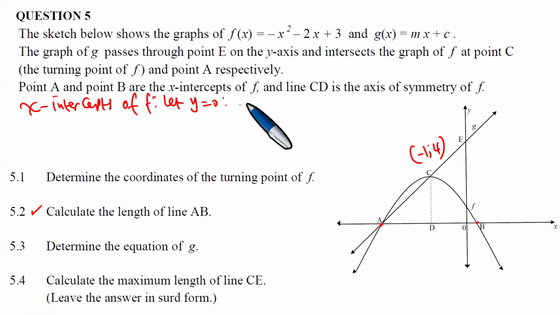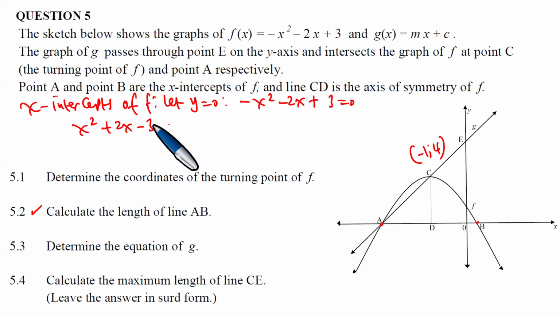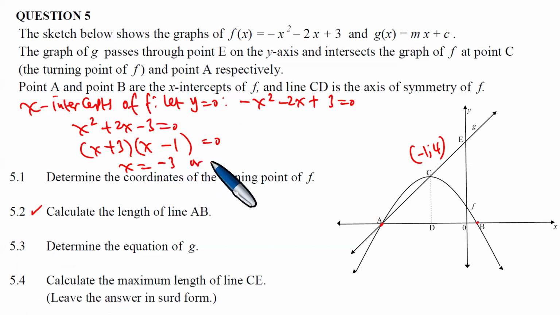If y is equal to 0, you have minus x squared minus 2x plus 3 equals 0. Then you have x squared plus 2x minus 3 equals 0. Factorising, x plus 3 and x minus 1, which means x is minus 3 or x is 1.